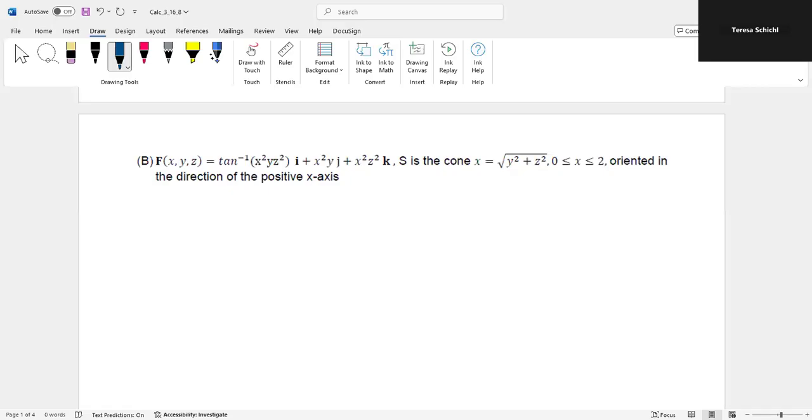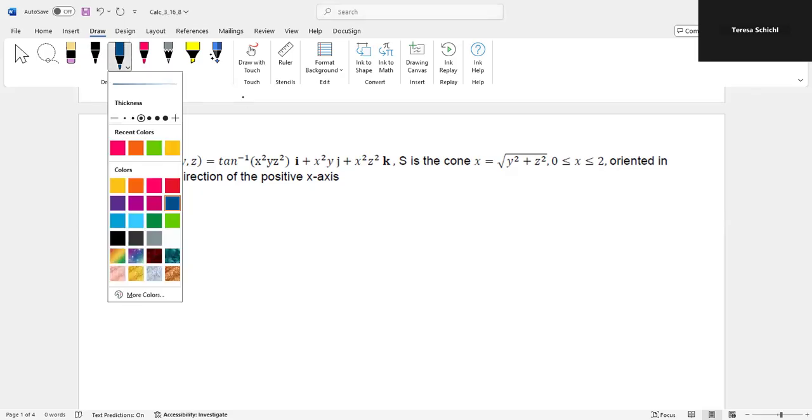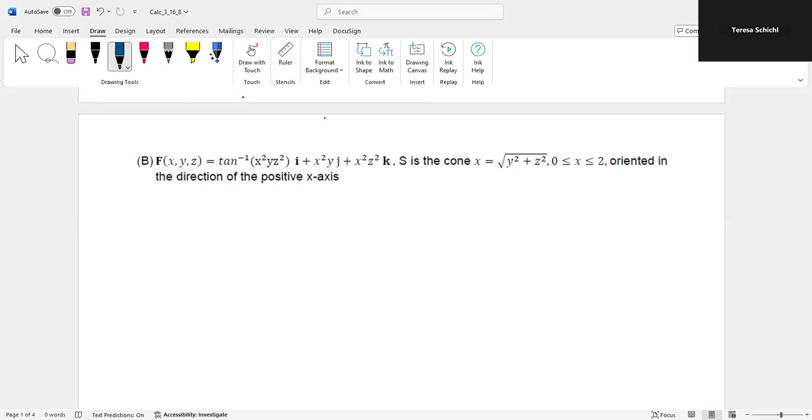All right, so now for part B, the other problems, we see this is a very complicated function. So let's directly use Stokes, instead of finding the curl and then doing the surface integration. Let's take a look at how we do these. The first S is the surface, the cone x equals y squared plus z squared, with x from 0 to 4, so 0 to 2 here.